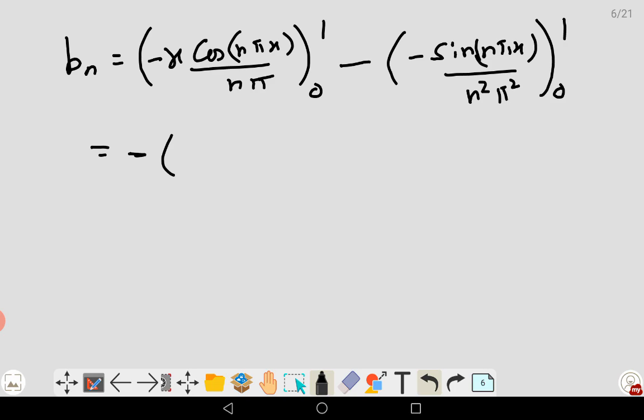When x is 1, this will be cosine n pi. Cosine n pi will be minus 1 to the power n, and when x is 0, everything will be 0. So this is minus 1 to the power n over n pi. Minus and minus will be plus. When x is 1, sine n pi is 0. When x is 0, everything is 0 again.